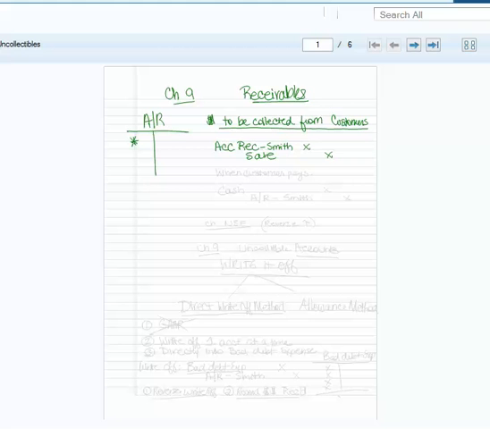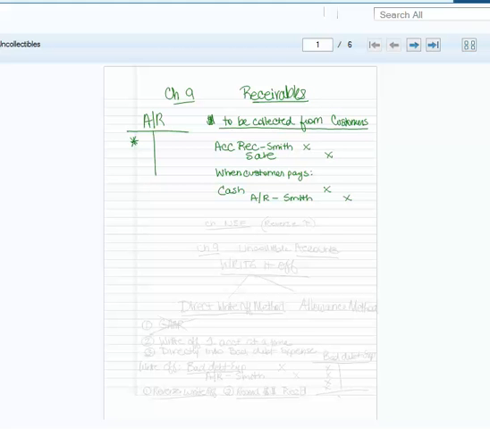Then, when he pays us, when the customer pays, what's your journal entry? You get a check, you debit cash, and you credit accounts receivable-Smith, because now Mr. Smith doesn't owe you any money because he just paid you, right?